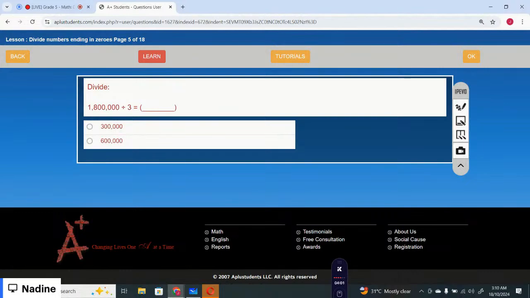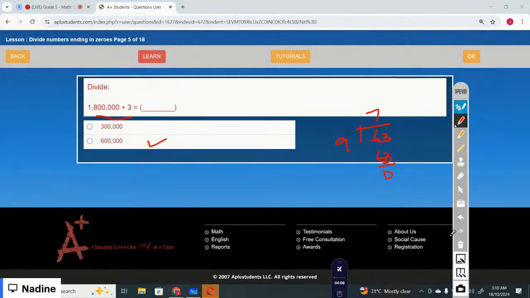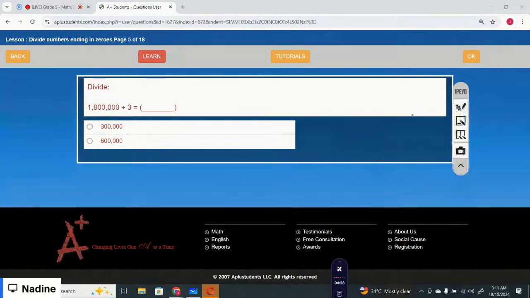That is 600,000. Option number 2 is the correct option because 3 times 6 is 18. You have to divide by 3, right? So 3 times 6 is 18. You need to add those 5 zeros. So that is 600,000. Option number 2 it is.